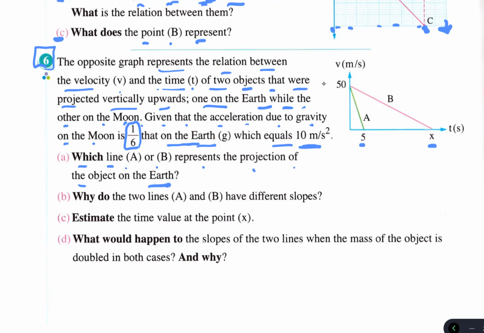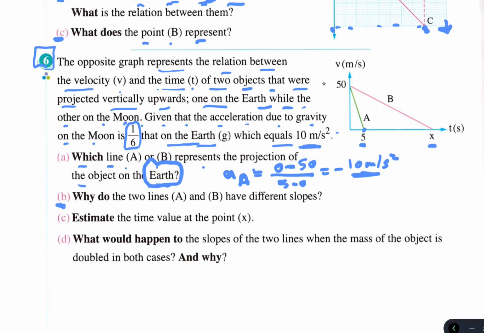Here we have x, here we have 5. So let's calculate the acceleration for object A. Final velocity equals 0, initial velocity equals 50, over 5 minus 0, so negative 10 meters per second square because the object is going upward. So A is for earth, not for moon.